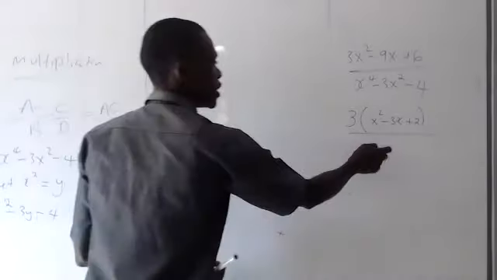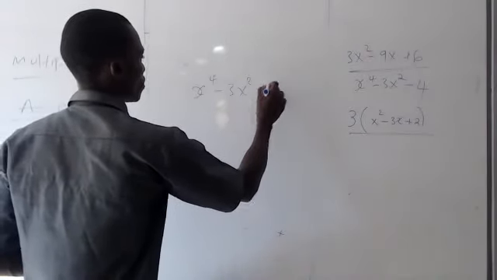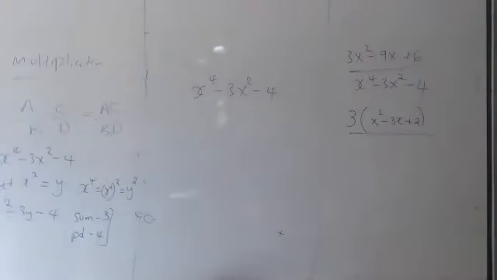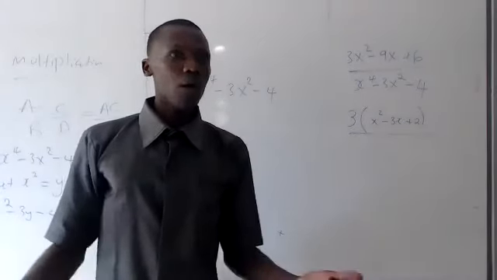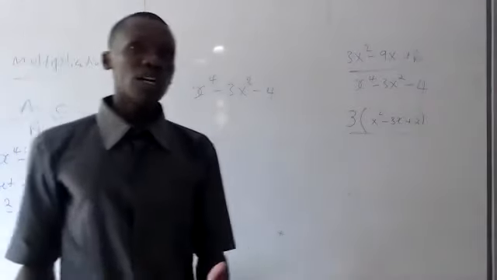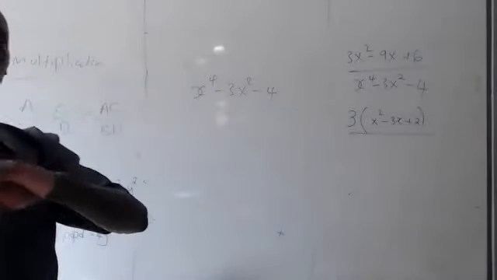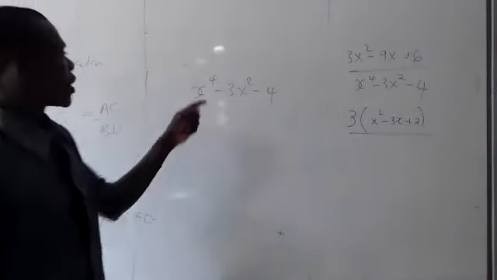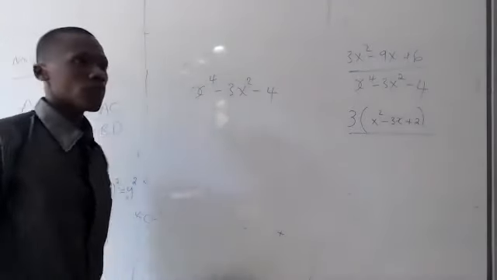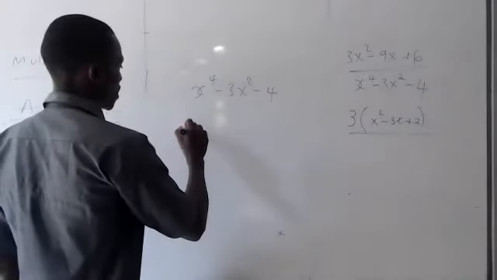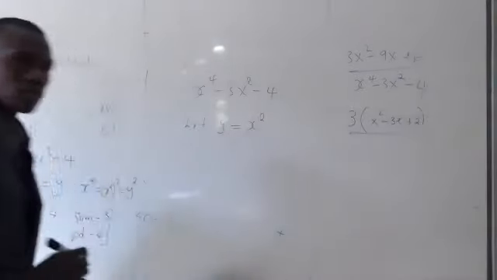So we want to factorize the denominator, and our denominator is x to the 4 minus 3x squared minus 4. Remember, we have not done factorization of fourth powers in this class. In this class we have only done up to cubic, where we did difference of cubes and sum of cubes. You could make the substitution that y is x squared.